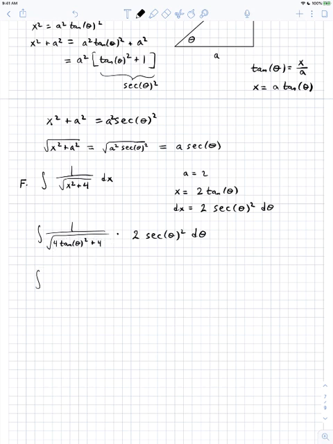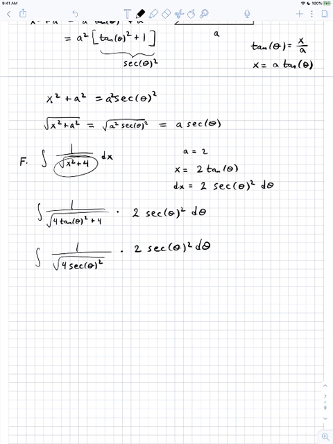So we're going to have the integral of 1 over the square root, factor out the 4, and you'll be left with tangent squared plus 1, which is secant squared theta, times 2 secant squared theta d theta. So we've taken this x squared plus 4 and rewritten it as a perfect square.